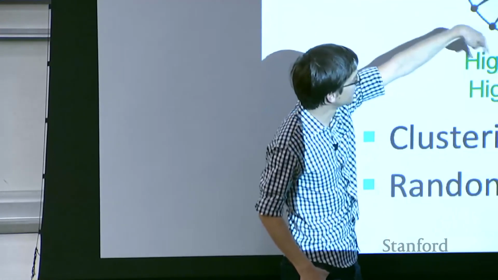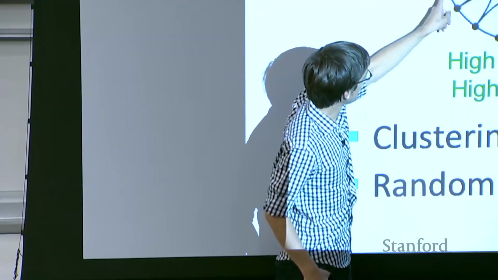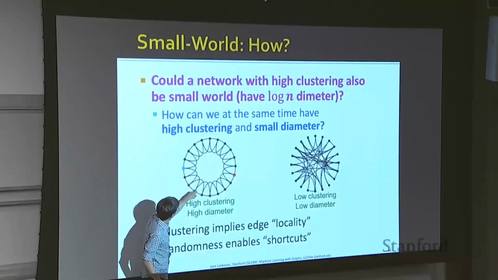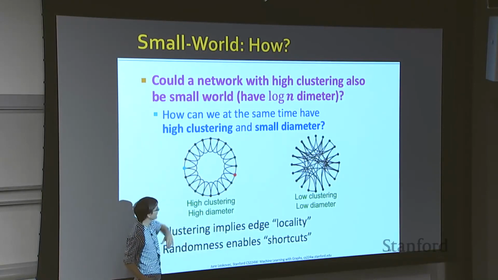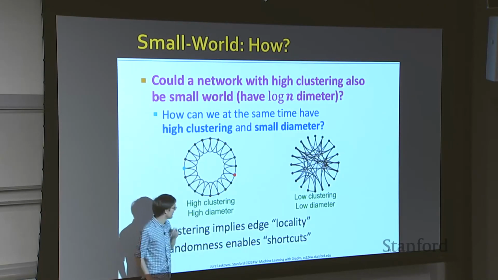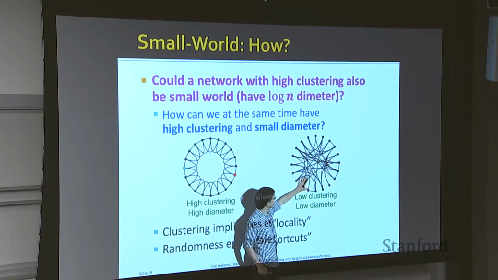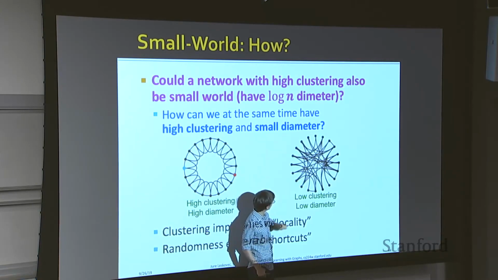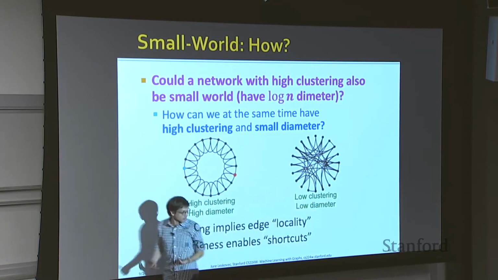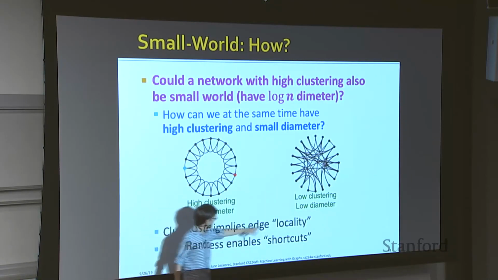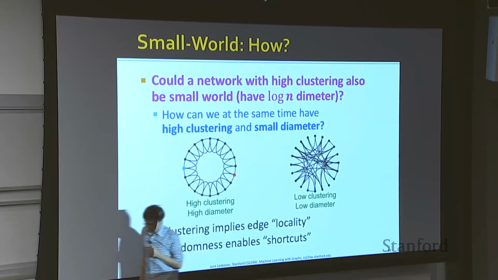Here I show the nodes on a ring, and I connect nearby nodes, but then also friends of friends. So this would now have a high clustering coefficient, but also high diameter. And a random graph on the same set of nodes would have low diameter, but also low clustering. And the question is, can I have high clustering and low diameter, right?